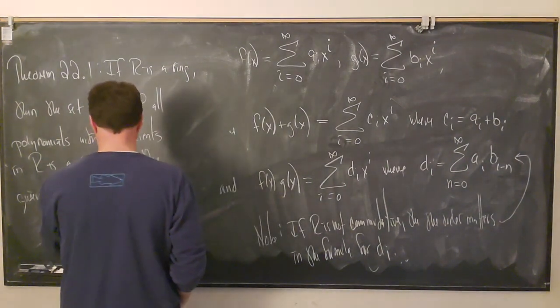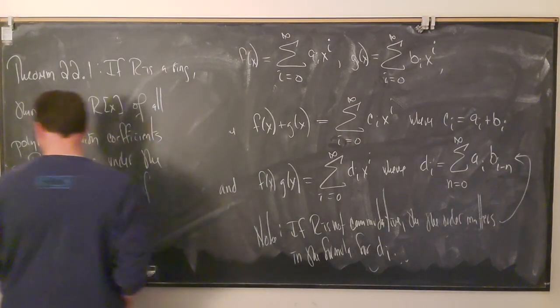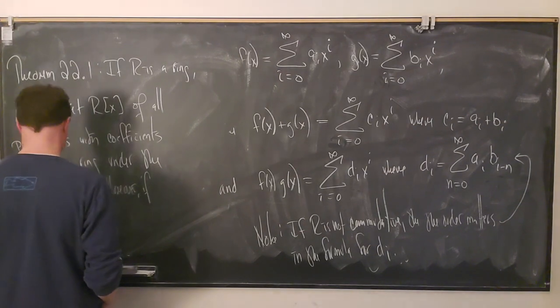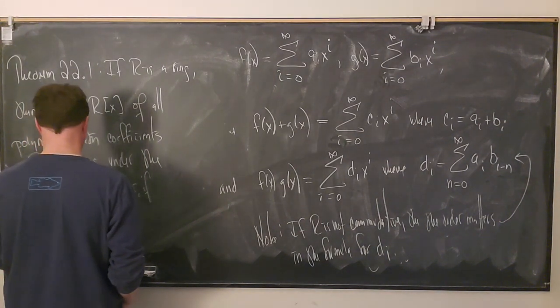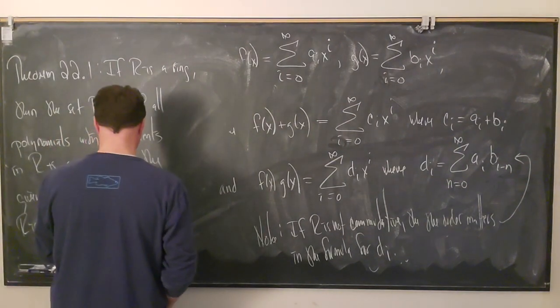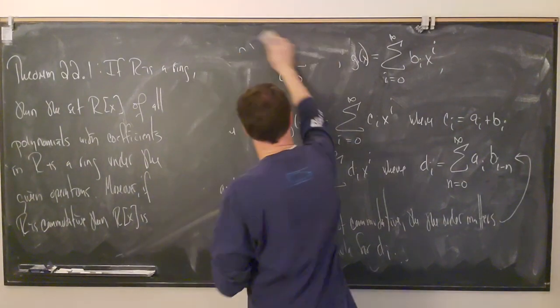A few extra things here, so we'll say moreover, if R is commutative, then R bracket X is commutative also.